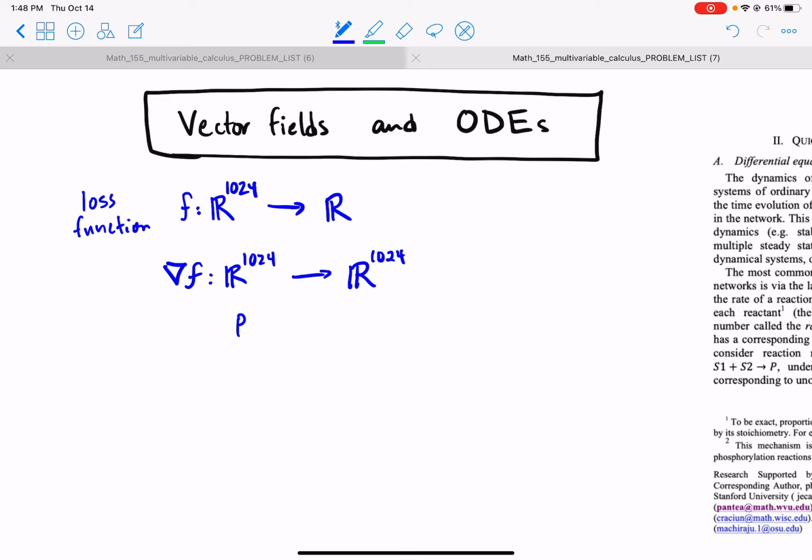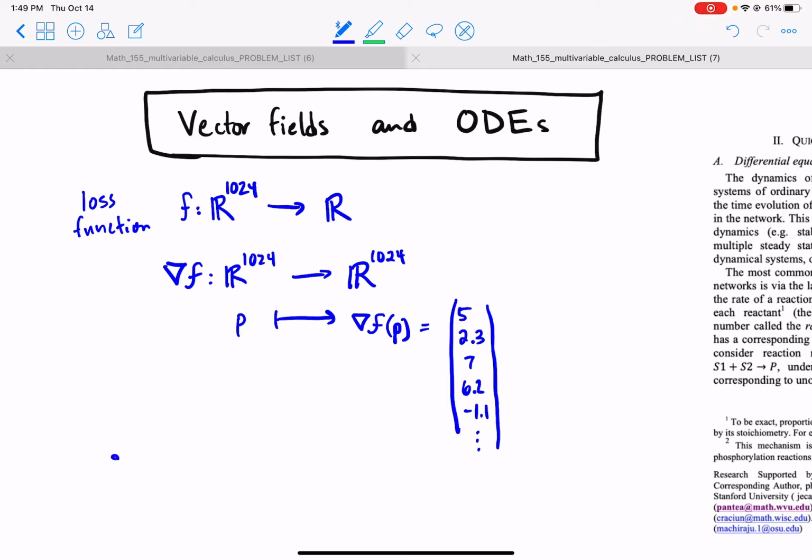Then you can take a point in 1,024 dimensional space and get out a vector that we call grad f evaluated at that point. This would be an actual vector, like it might start 5, 2.3, 7, 6.2, minus 1.1, for 1,024 numbers. Okay. And so then that vector field is what we'll follow around.